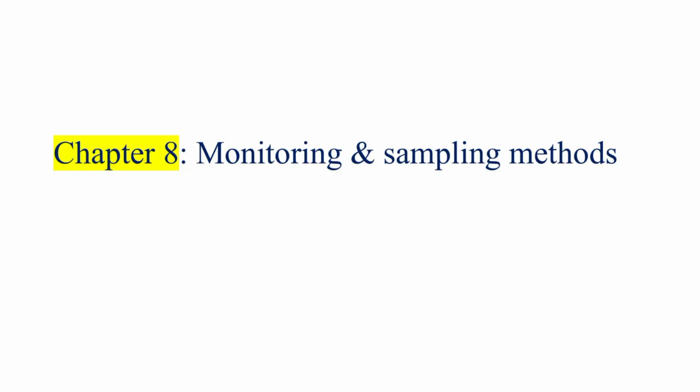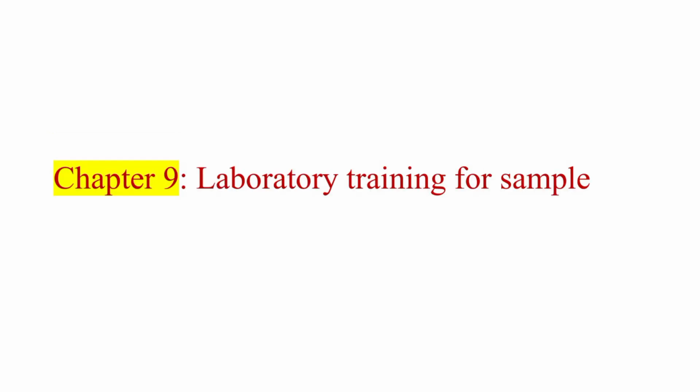Eighth chapter, monitoring and sampling. How experts collect water samples, air samples and soil samples, and the types of environmental testing we see in this chapter. Ninth chapter, lab training. What happens in the lab?